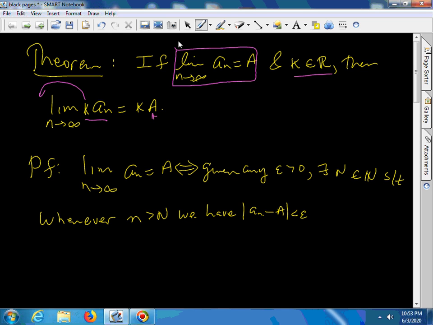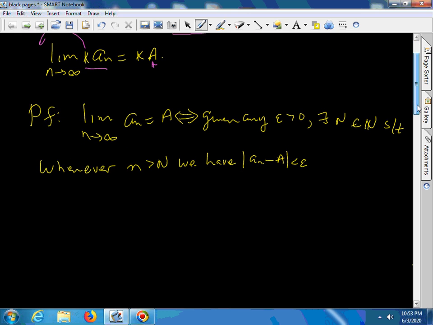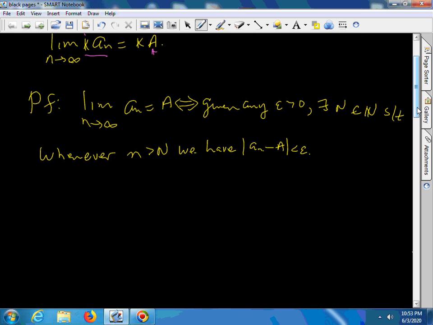It's going to be less than epsilon. You give me an epsilon, I'll give you an N. You give me a smaller epsilon, most probably I'll give you a larger N. Definitely not a smaller one. I guess I can also give you a smaller one.